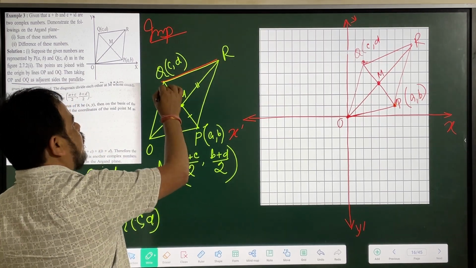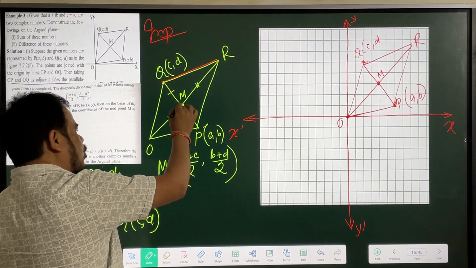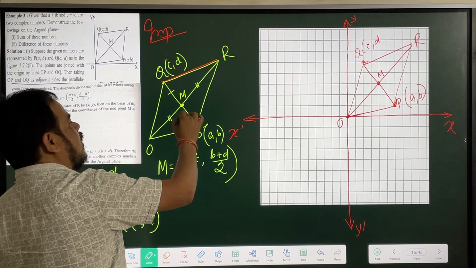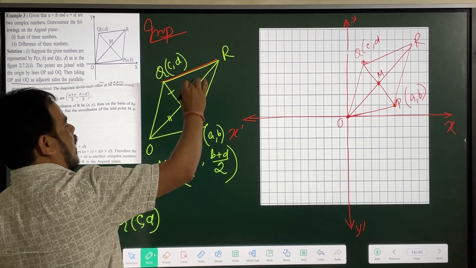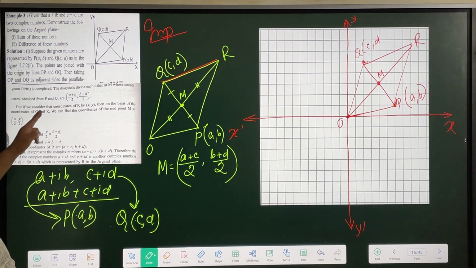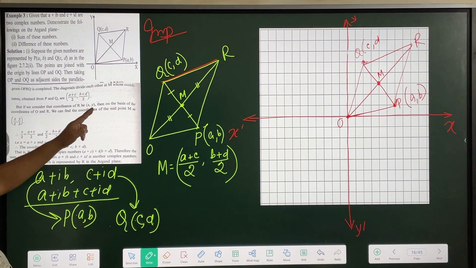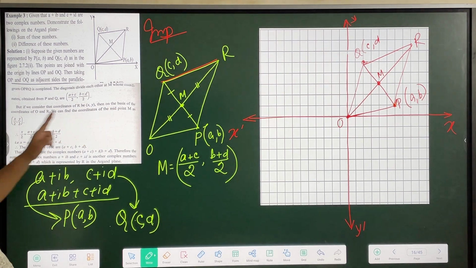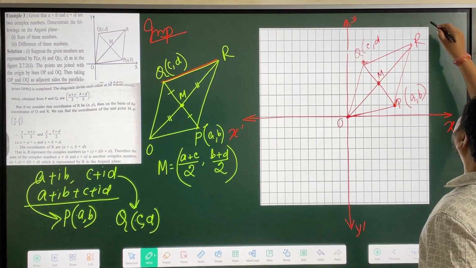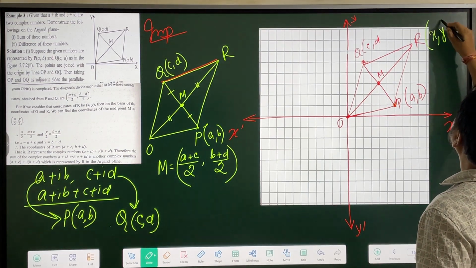If M is the midpoint of PQ, M is also the midpoint of OR. So M is not only for PQ, M is also for OR. For OR, we consider the coordinates of R to be x, y, and on the basis of the coordinates of O and R, we can find the midpoint this way. R is taken as x comma y.